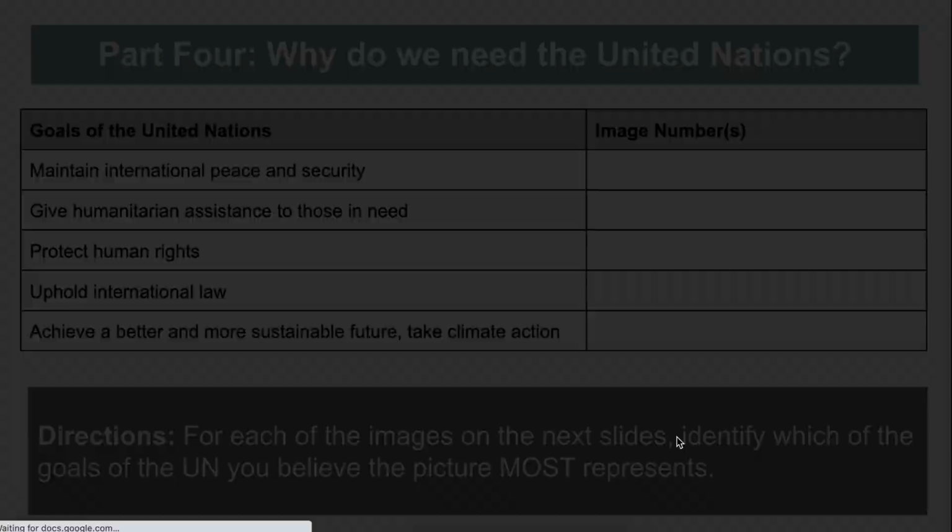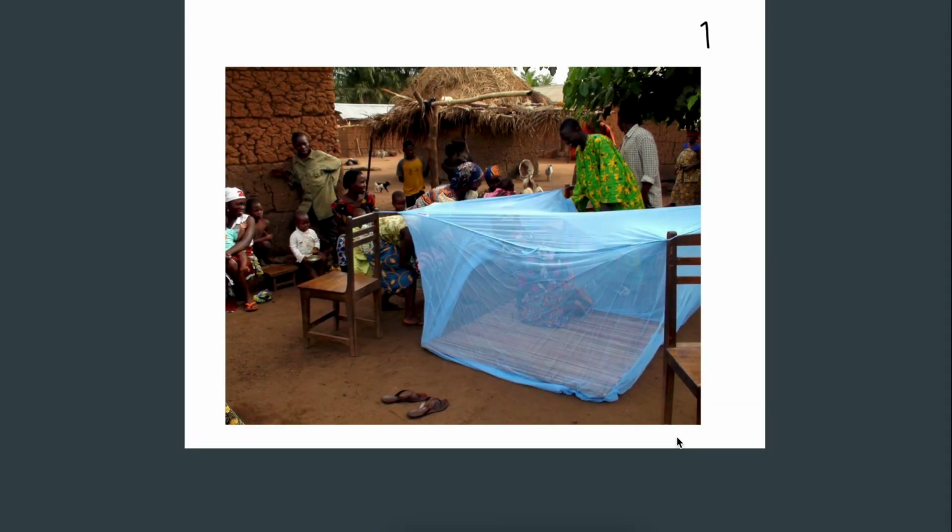So let's do one together. This is image number 1. Now, the image itself, you can sort of read and analyze however you would like to. Okay, but it looks like this group of people is getting provided some sort of net, potentially a bug net, in their community to prevent, potentially, even as a viewer, as I'm sitting here looking at it, maybe the spread of things like malaria and other mosquito-borne diseases or bug-borne diseases or viruses that can be spread.